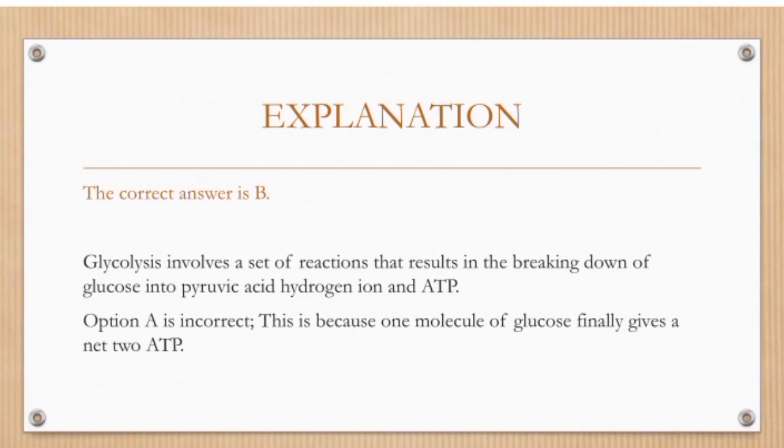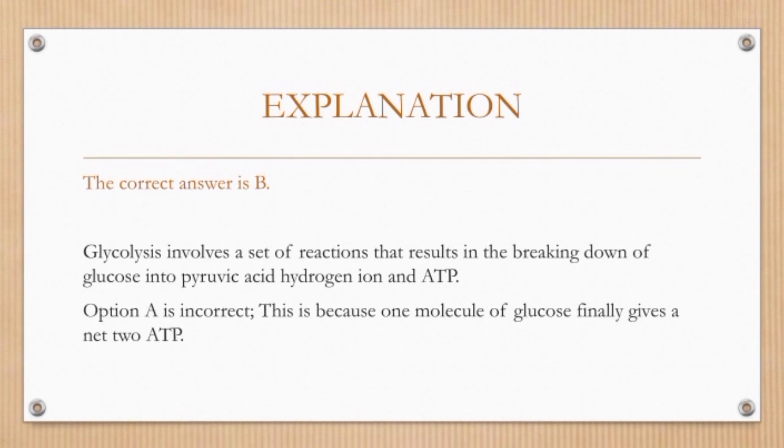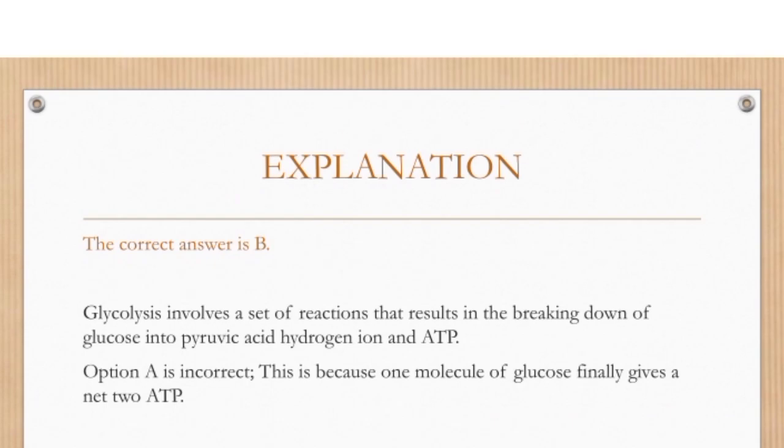Glycolysis involves a set of reactions that results in the breaking down of glucose into pyruvic acid, hydrogen ions, and ATP.